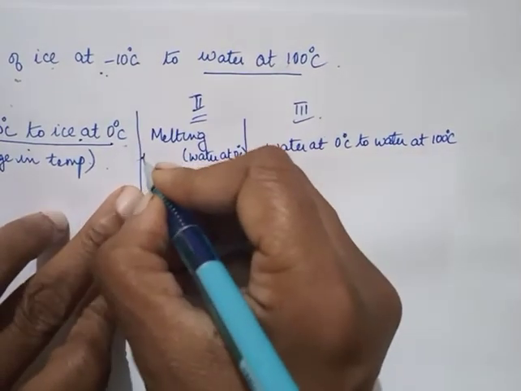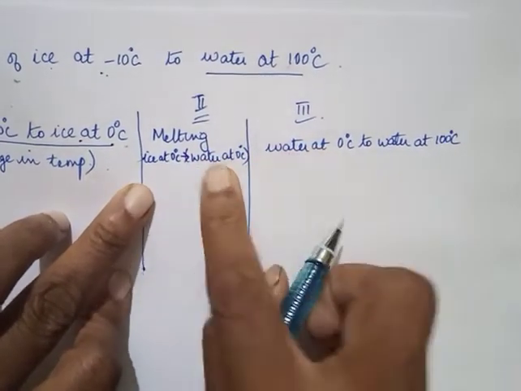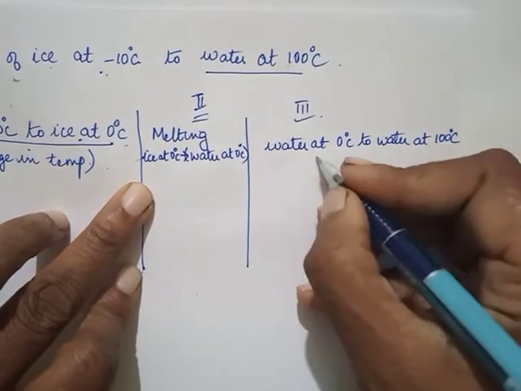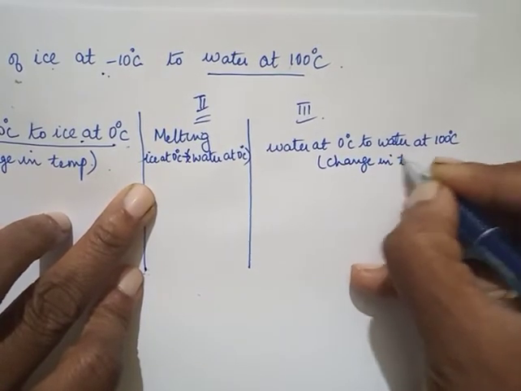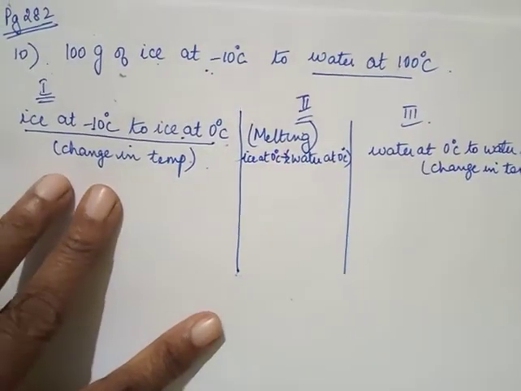So in melting, ice at 0 will change to water at 0, and then this water at 0 to water at 100 degrees Celsius, again a change in temperature. Two changes in temperature and one melting.